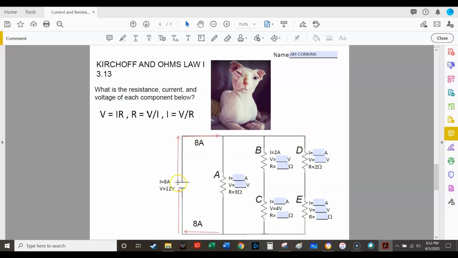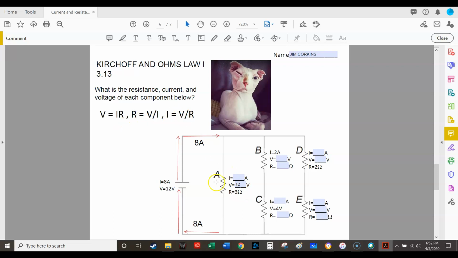So we know 12 volts here. Here's a loop. That means this has to be 12 volts. That's the consequence of rule 3. That means we could actually now apply Ohm's law here and solve for the current.